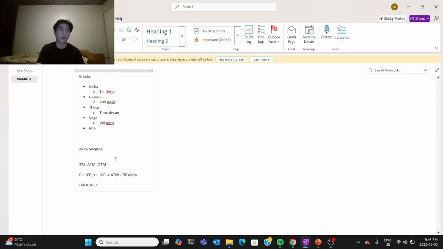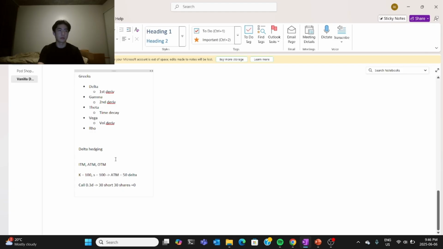Since this call option has exposure to 100 shares of underlying, as I believe I mentioned before, we multiply the 0.3 by 100, and that gives us a total delta of positive 30. So how we hedge this out is, because a stock has one delta, we go short 30 shares. And then the 30 minus the 30 gets us to a 0 delta, and we are delta hedged.